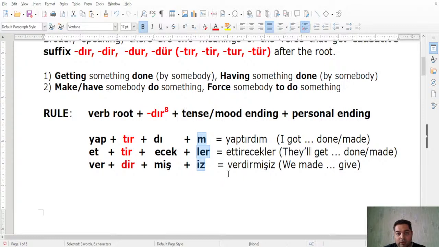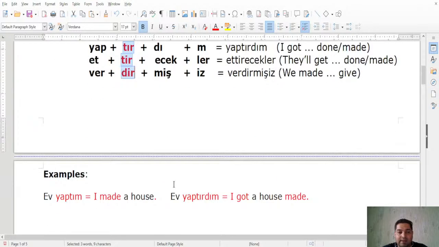But you can find all those conjugations in the regular verb conjugations. The only thing that changes here is that you add these causative suffixes in between, okay? And nothing else changes. So let's see some examples now.